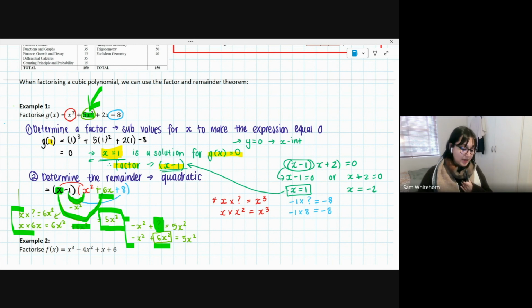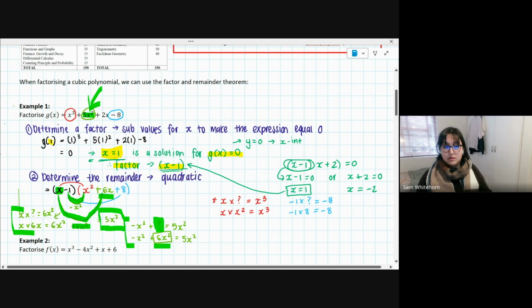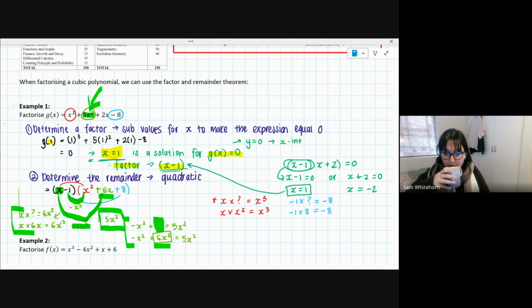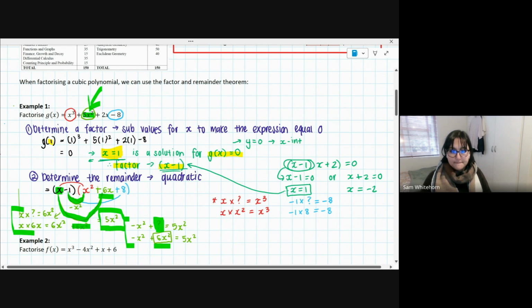Would anyone like me to show the x's, or how you would do it using the x terms rather than the x squared terms? Right, I'm going to assume from the silence we're fine.